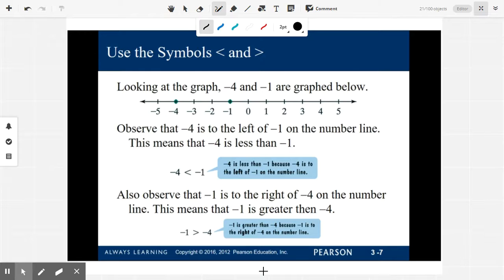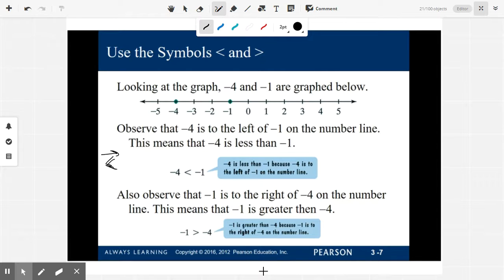Some people have trouble remembering which one's less than, which one's greater than. But we read from left to right. So as you go from left to right, if you come to the small end first, it is less than. This number over here is smaller or less than the next number. Okay.